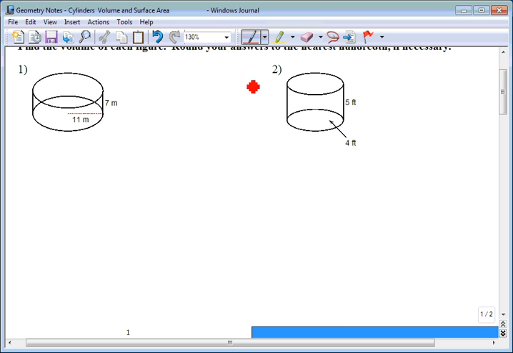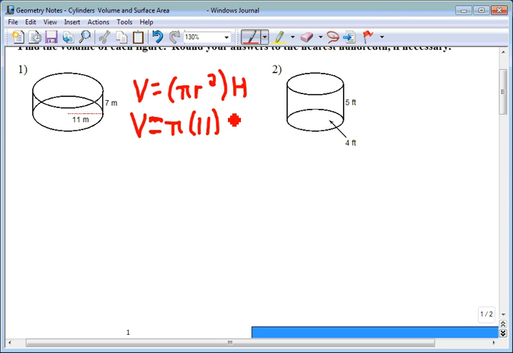We have a cylinder here. So our volume is the area of the base, which is pi r squared, times our height. So in this case, our radius is 11, so I have 11 squared.